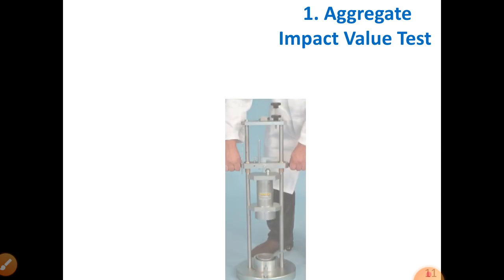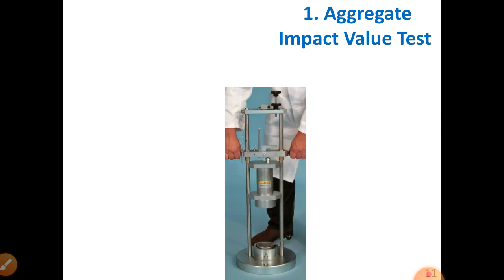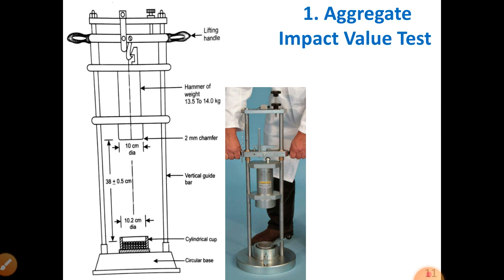First we see the aggregate impact value test. This is the apparatus used for the impact value test. A cylindrical cup is shown. A hammer of weight 13.5 to 14 kg is shown.